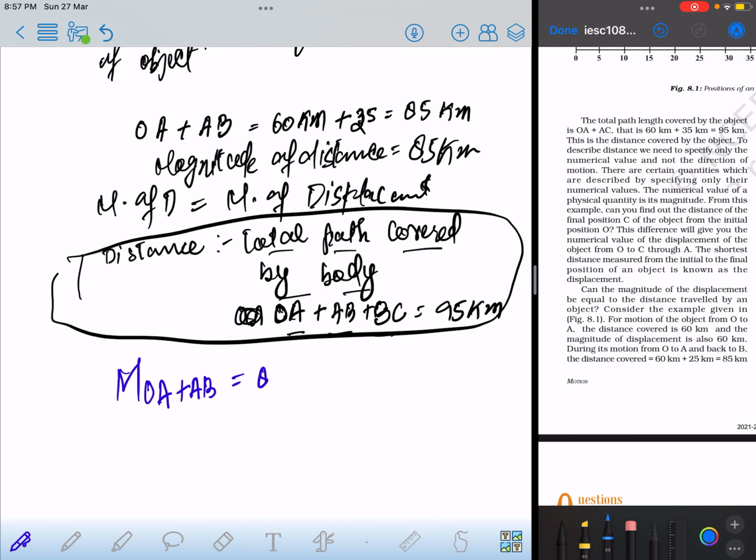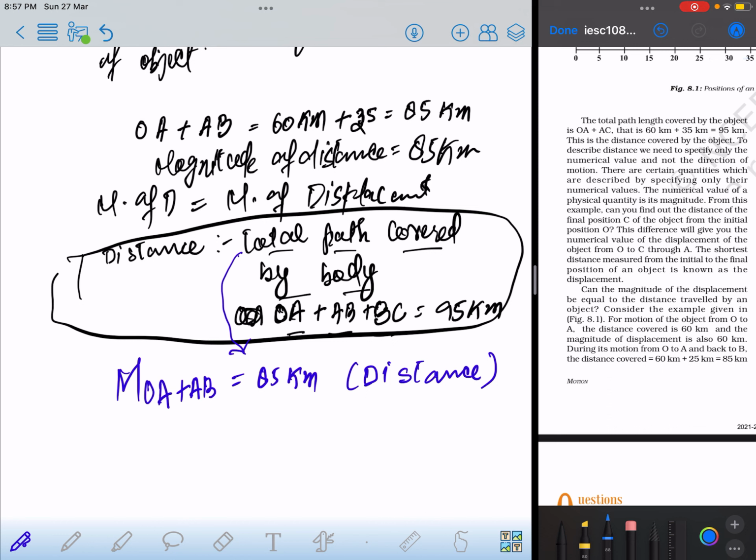It is equal to 85 kilometers. This was the magnitude of what? Distance. And again we'll recall this concept, this is the total path covered by the body.